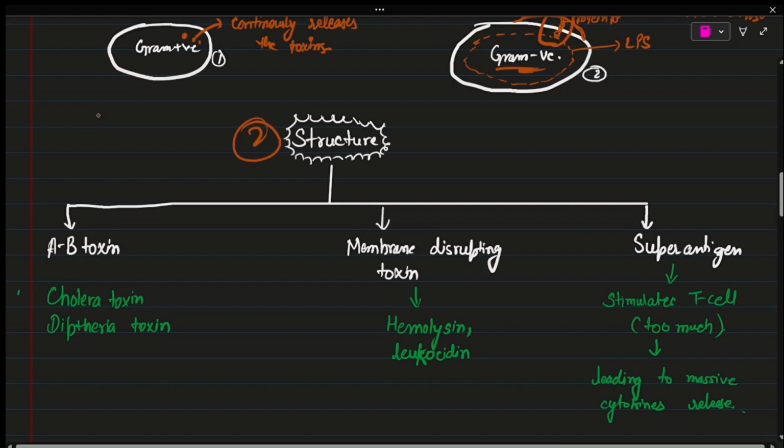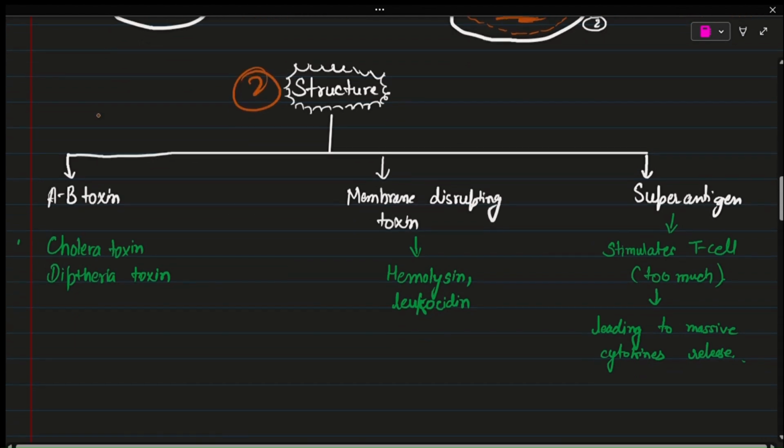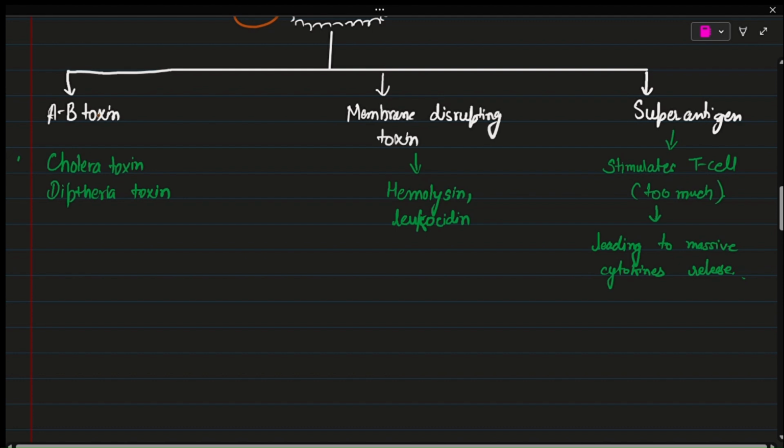We will move to the second basis of classification, which is on the basis of structure. Now on the basis of structure, these can be divided into three groups once again, one, two, and three. So first will be AB toxin. Assume that this toxin as a whole occurs like this.